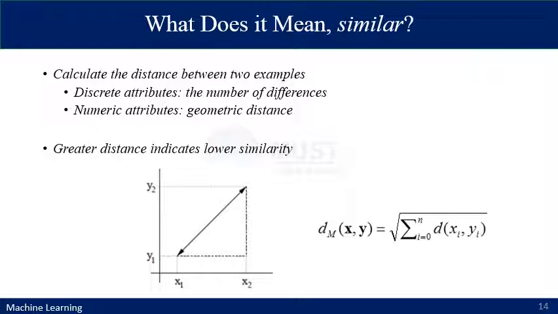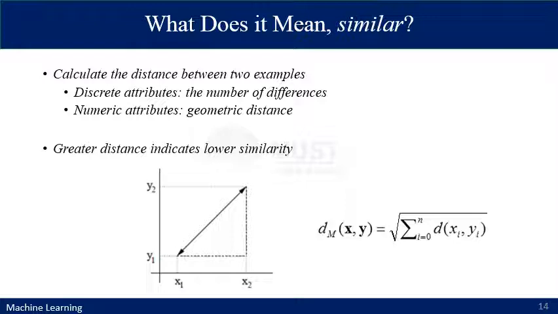What does it mean by the word similar or the nearest? You can find out the similarity or the nearness by calculating the distance between two examples. For example, if you have discrete attributes, you can find out the number of differences between the features.